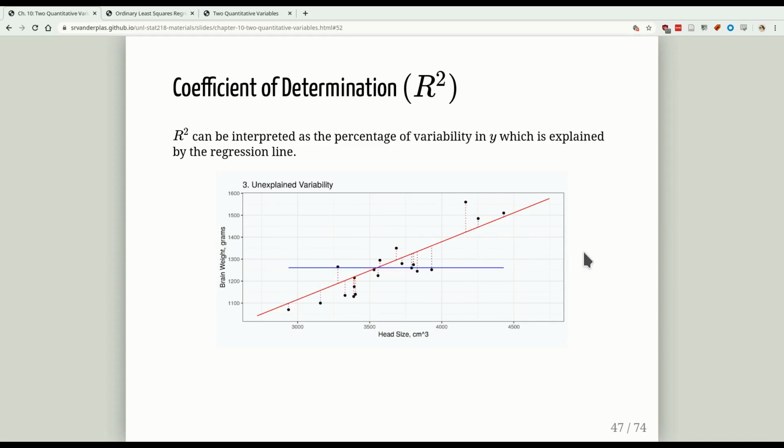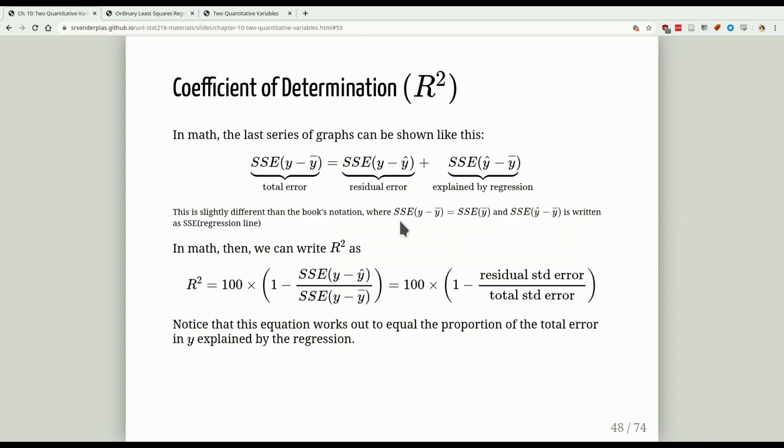So in math, we can write this as the total sums of squares, the sums of squared errors, which is what SSE stands for. The total error is equal to the sums of squared errors from the regression line, the things the regression line doesn't explain, plus the sums of squared errors between the regression line and the mean.